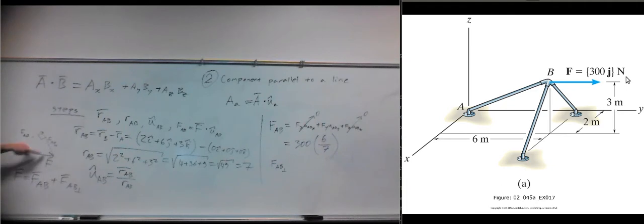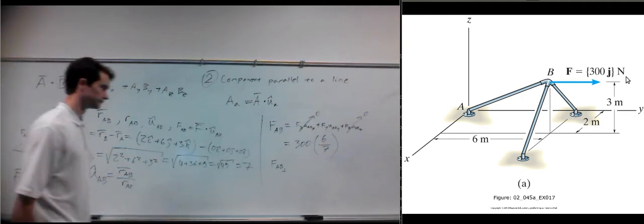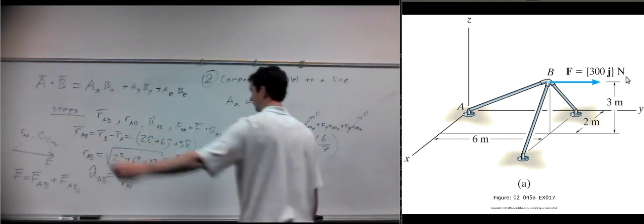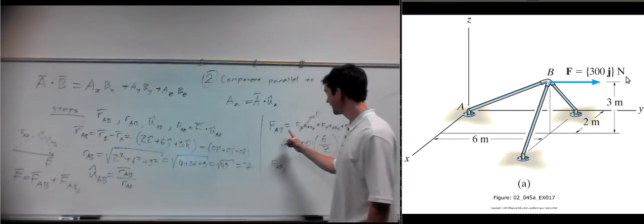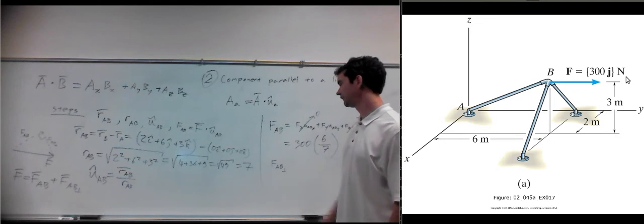So hopefully that's clear from this figure. Vector F is the sum of vector FAB and the vector FAB perpendicular. So that's just decomposing it into rectangular components. So we have the magnitude of FAB, and now we want FAB perpendicular.